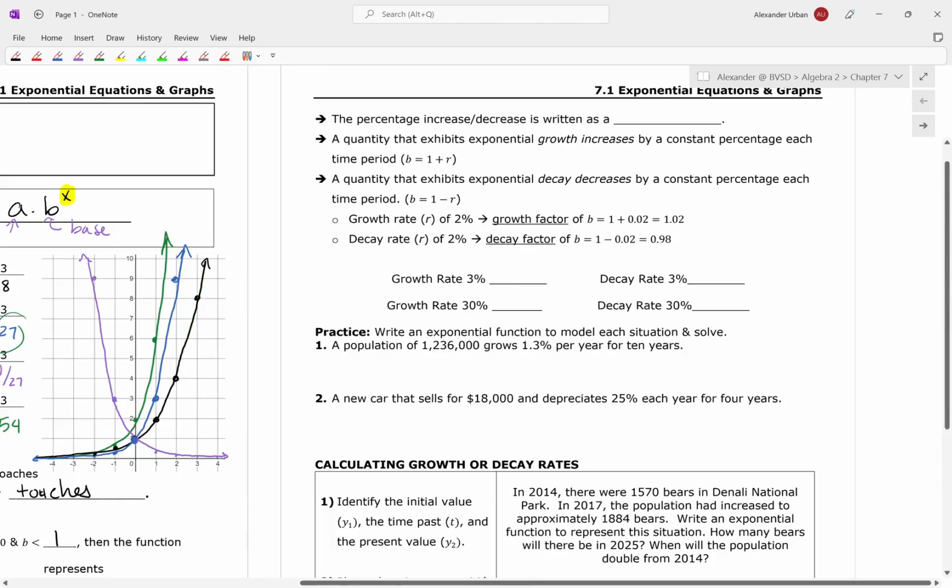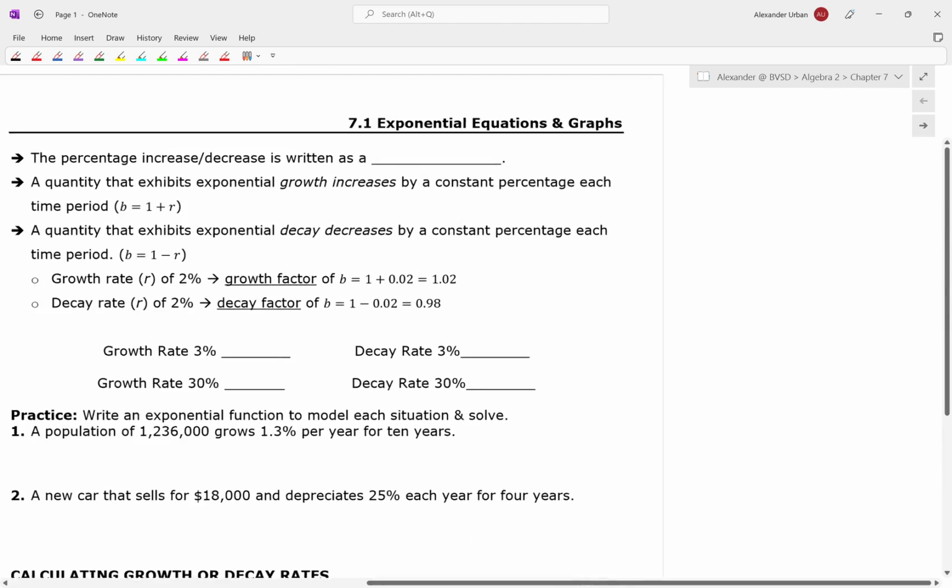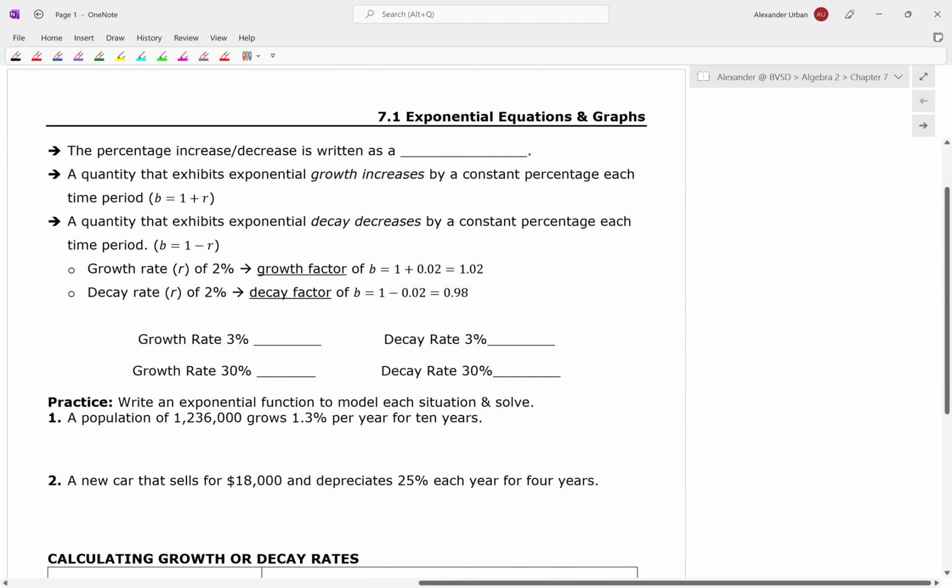All right, moving on. We need to talk about how we're going to write percentages. Just like we did before, you saw that we had 1.8. Well, that's 180%. So we're going to rewrite these as decimals. When we talk about percentages, we're always going to rewrite them as decimals.